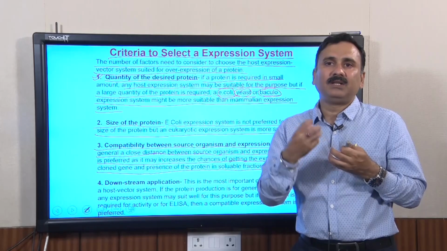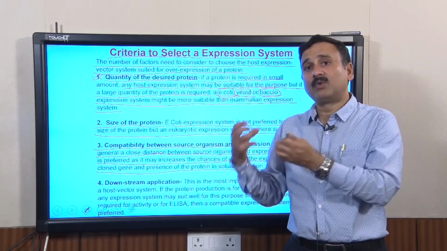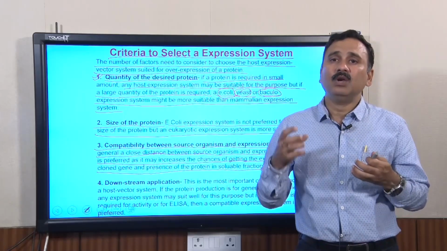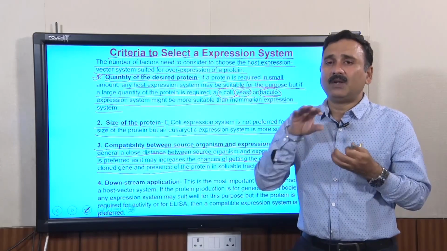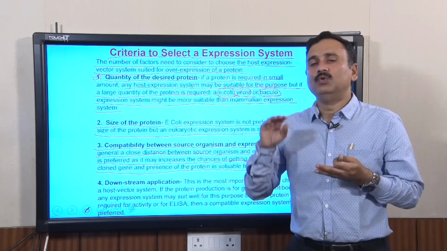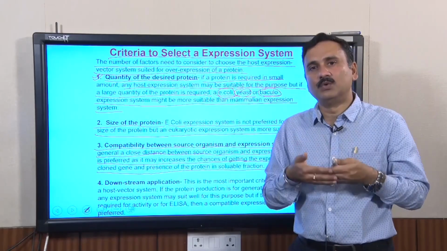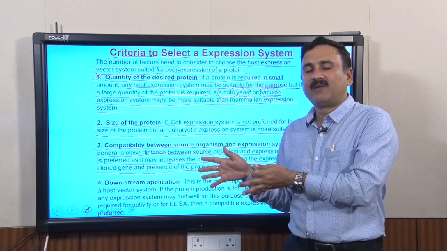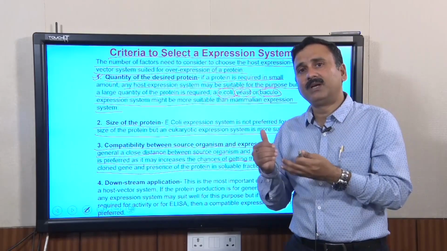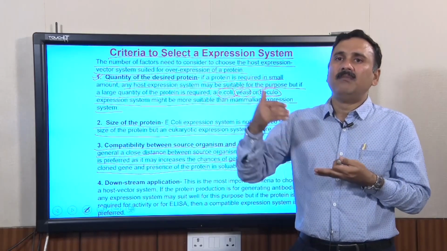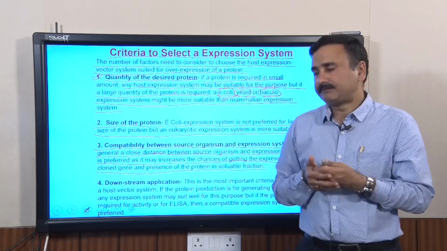Because of that, E. coli may either not give you the protein, or if it does, it may not be properly folded to give any kind of activity. That is why it is always advisable to choose an expression system and source organism which are very close. For example, in the case of rabbit, we might have to choose the yeast or the baculo expression system, because these systems are much closer to the eukaryotic or mammalian system.